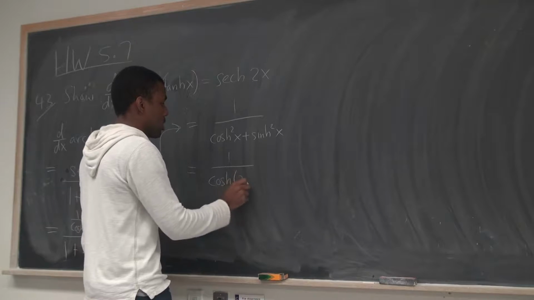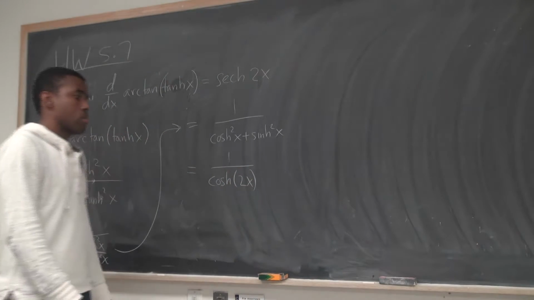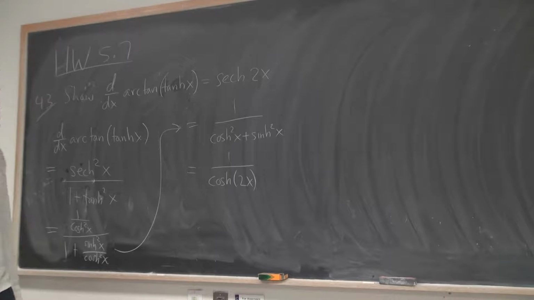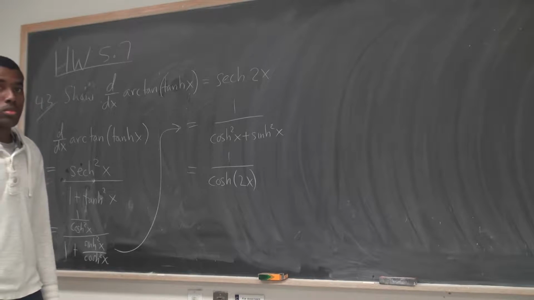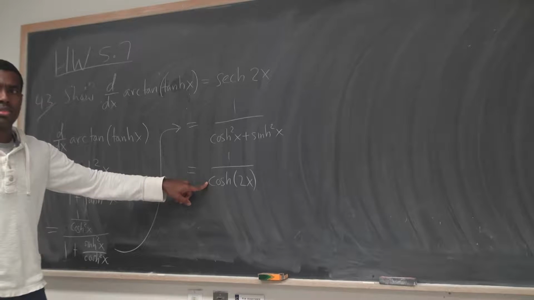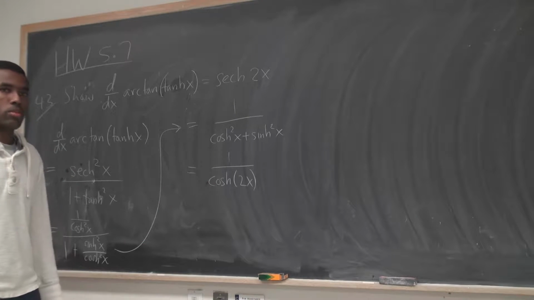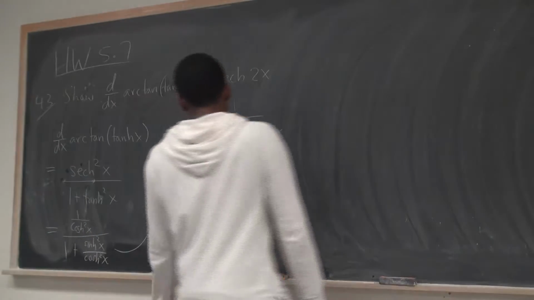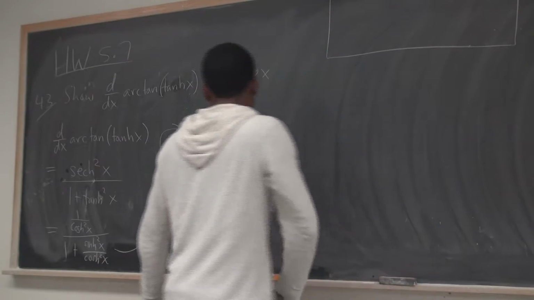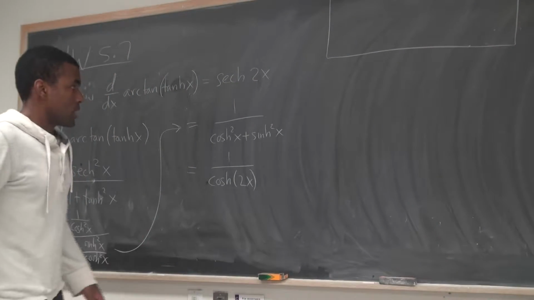How do we know that that's cosh 2x? Isn't it the identity from the triangle formula? Is that given directly as an identity in the text? Or is it something you can figure out? Right, there are tons of ways you can actually figure this out.